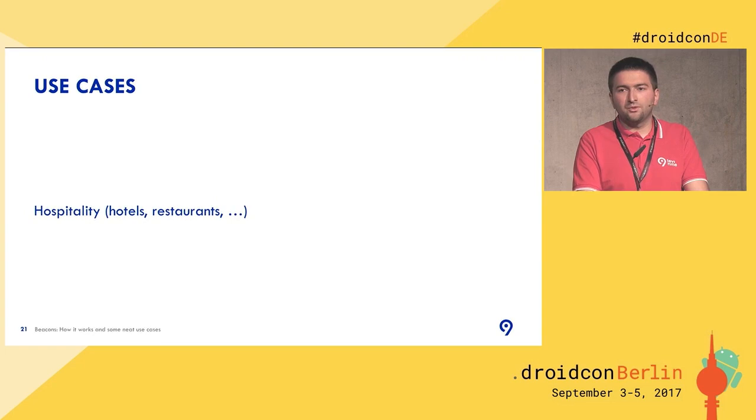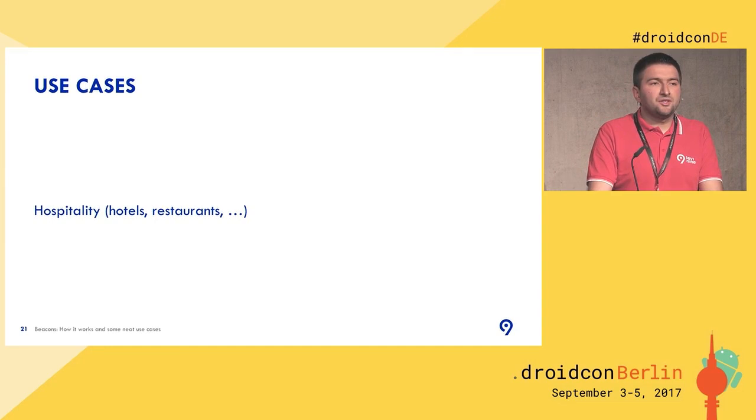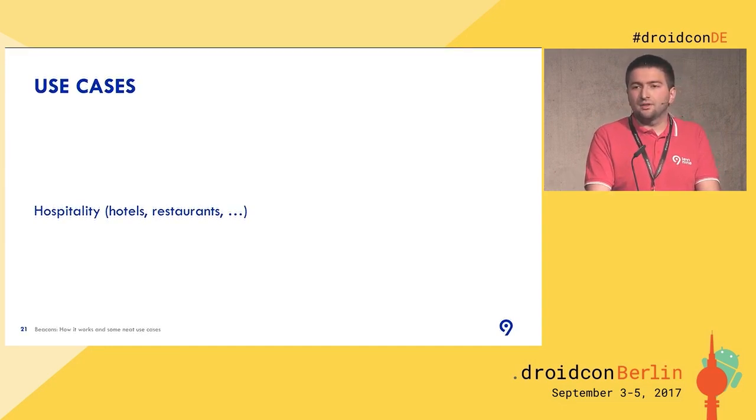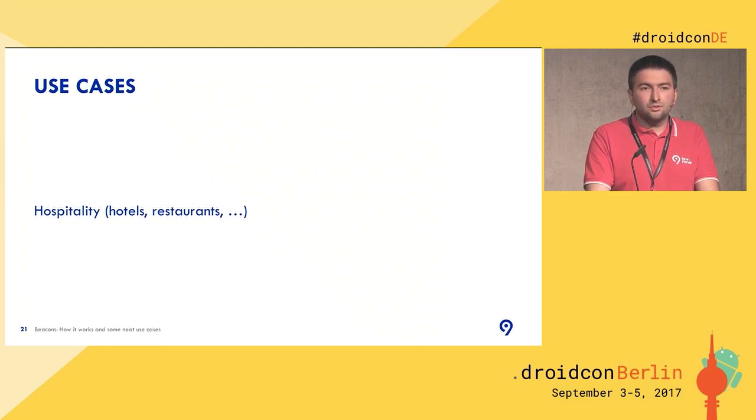You can order food and it will just come to your table. Also, as with retail, you could use beacons to advertise discounts and coupons, etc. So there are lots of different use cases to help people do what they want to do at a certain place.